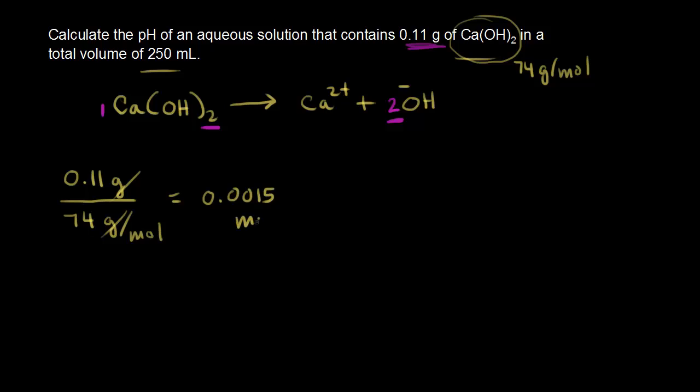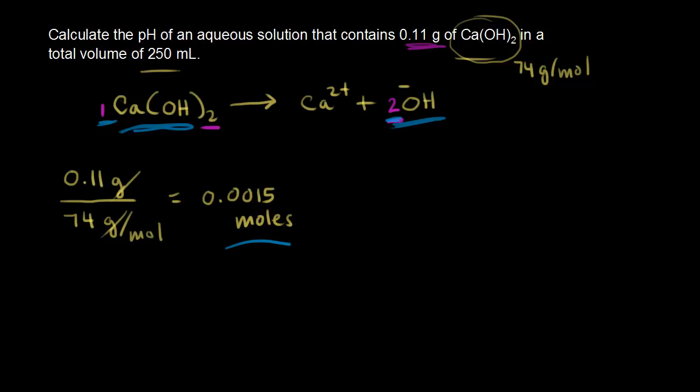0.0015 is how many moles? That's how many moles of calcium hydroxide. So let me emphasize this here. If we have this many moles of calcium hydroxide, how many moles of hydroxide ions would we have in solution? Right? We would have twice that number because we have this ratio here of 1 to 2.